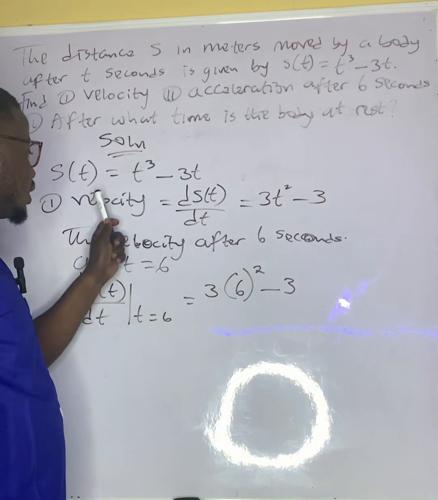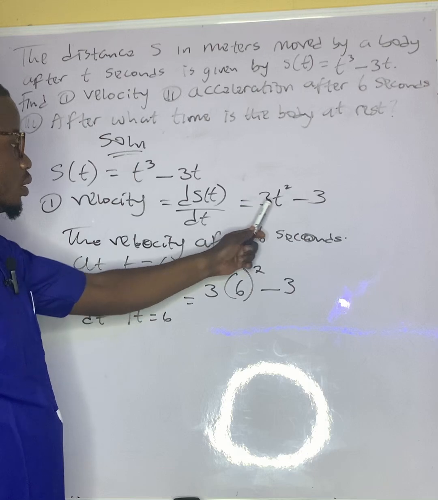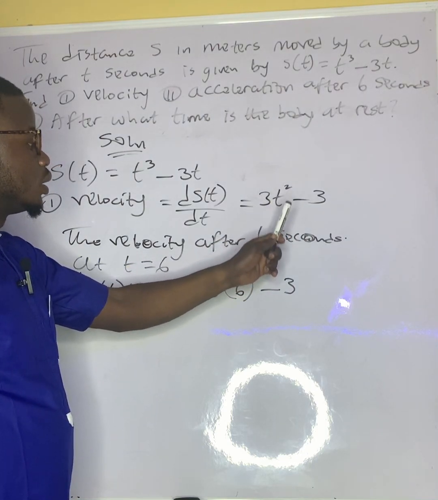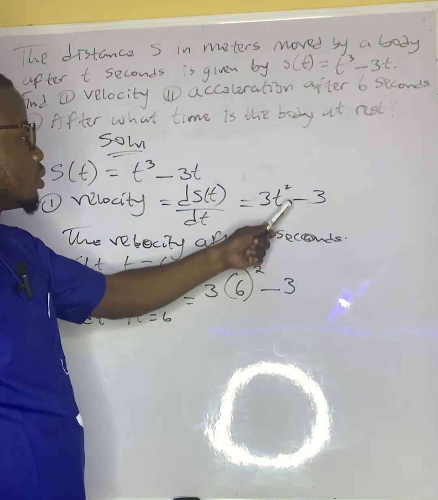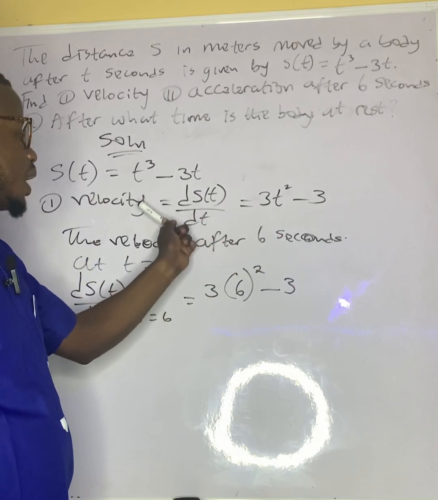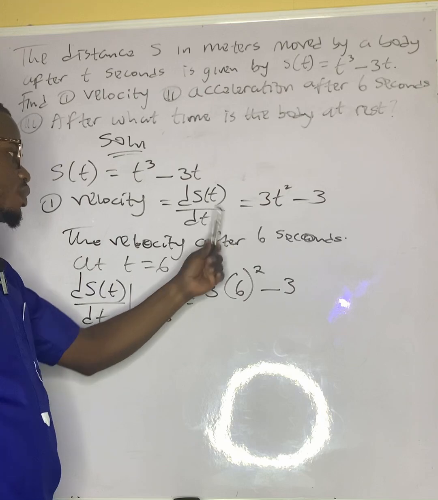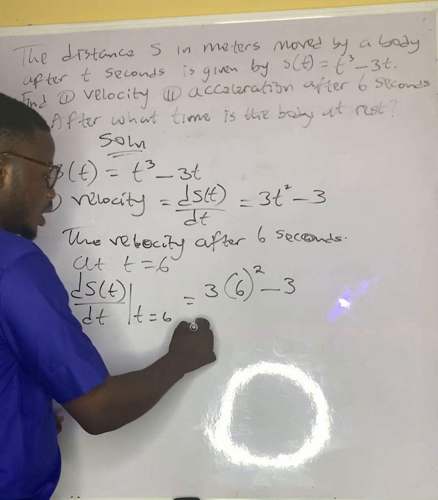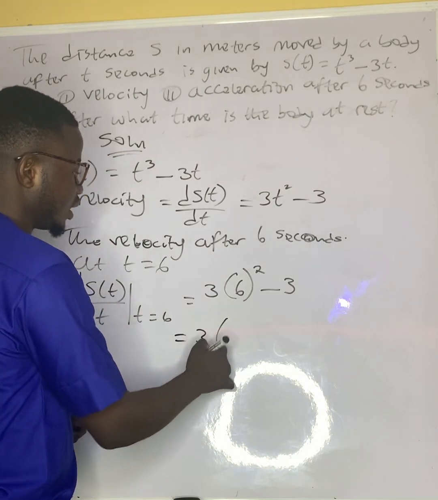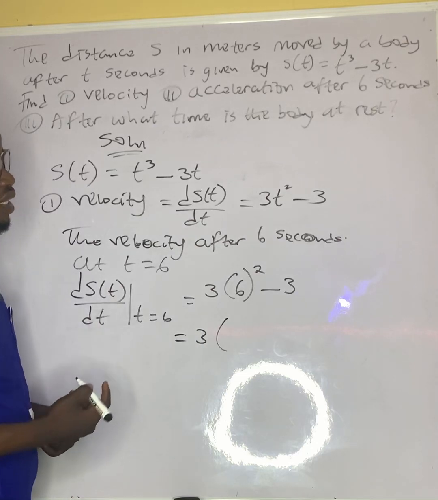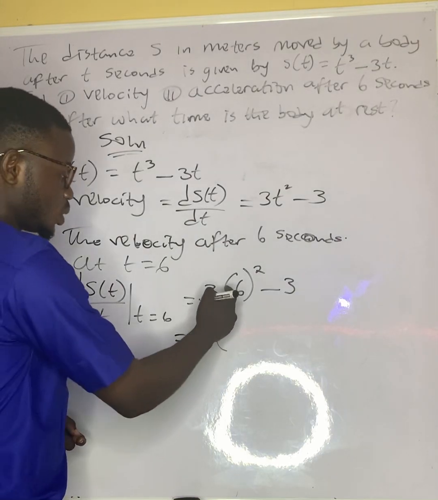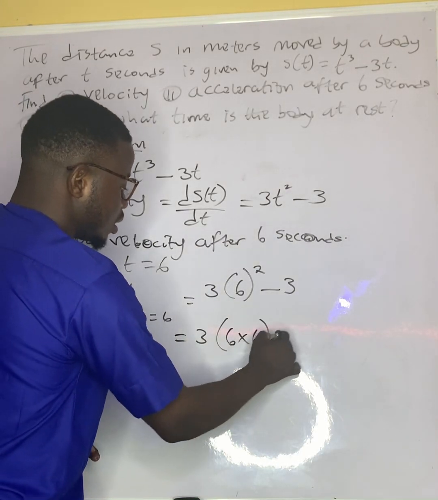So after differentiating once with respect to t, we obtain the velocity. Now to know the velocity after 6 seconds, wherever we see t after differentiating once with respect to t, we just substitute the value of t to be 6. So here we have 3 in bracket 6 raised to the power of 2, which is same thing as 6 times 6, minus 3.